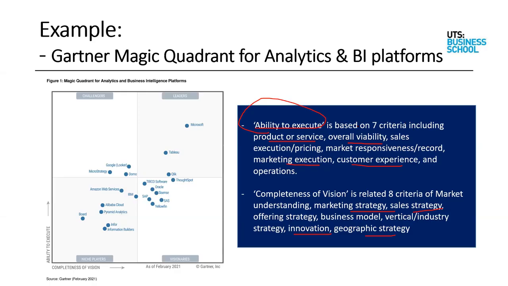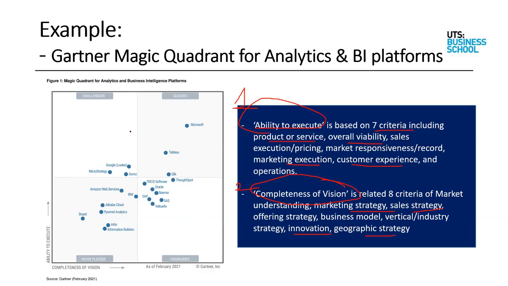That is one dimension, which includes these 7 criteria or attributes: product and service, viability, execution, etc. And the second dimension is the completeness of vision. That includes the marketing strategy, sales strategy, innovation, geographical strategy, etc. And after having reduced the various different attributes to just 2 dimensions, these competitors were plotted on this 2-dimensional scale.